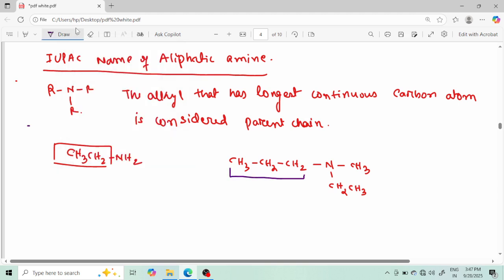This part has how many carbon? You have 3 carbon, right? This one has how many continuous carbon? 1 carbon, and this one has 2 carbon. Yes or no? So this one will behave as parent chain, this one will behave as side chain, and this one will behave as side chain. Okay, clear?